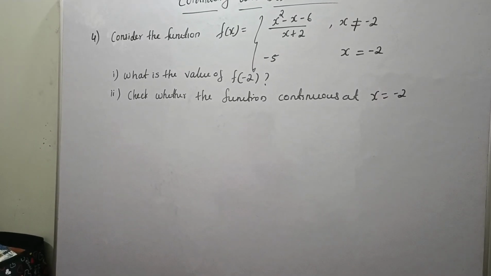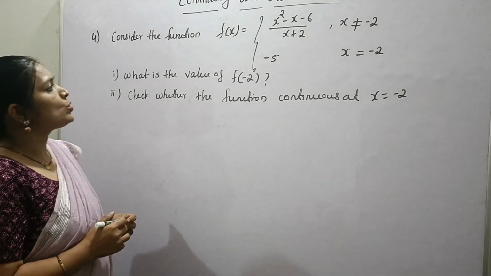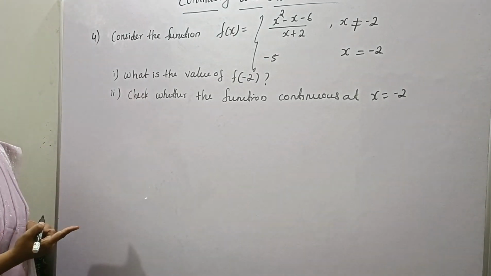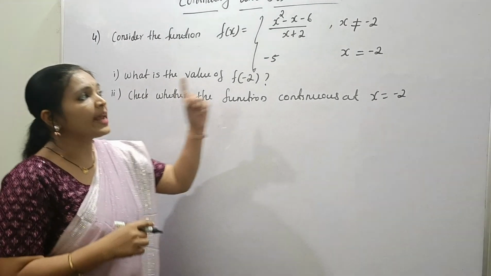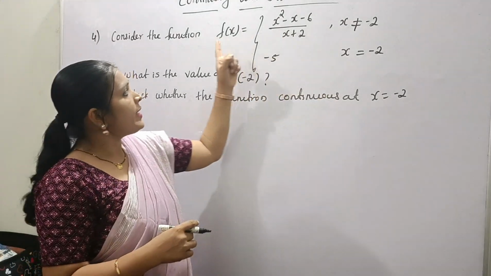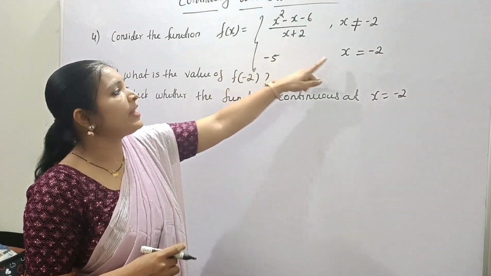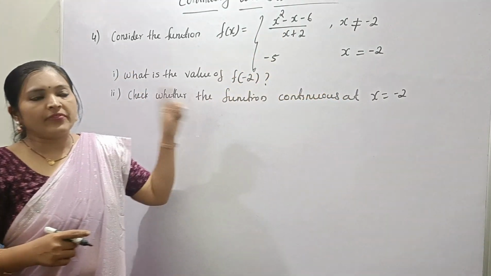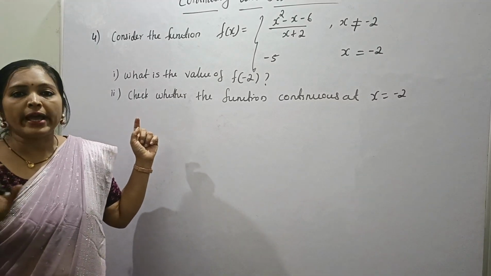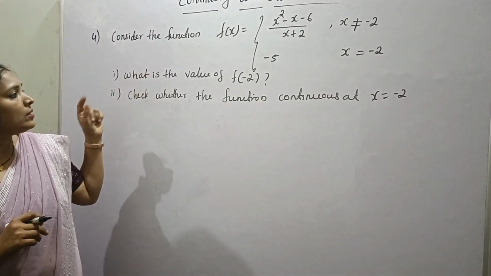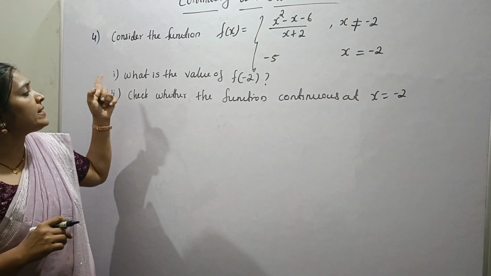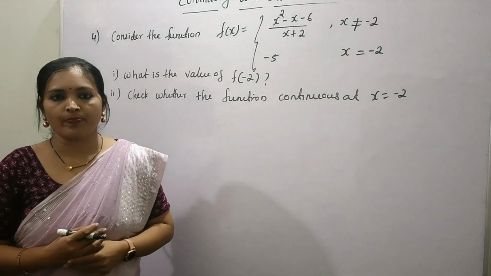Next example, consider the function f of x is equal to x square minus x minus 6 divided by x plus 2 when x is not equal to minus 2, and f of x is equal to minus 5 when x is equal to minus 2. Very important question, 2009 question. So here, the first question is, what is the value of f of minus 2?